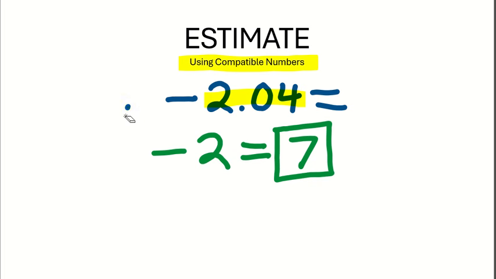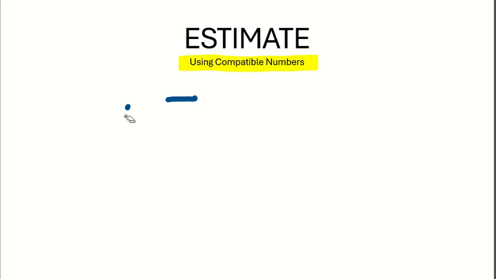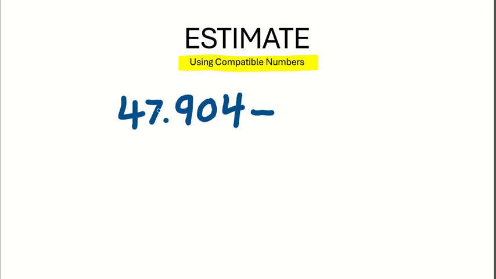Let's keep it going. What if I were to take 47 and 904 thousandths and I were to decrease it by 2 7/10? What would be a good estimate using compatible numbers? Well, this is roughly $47.90.